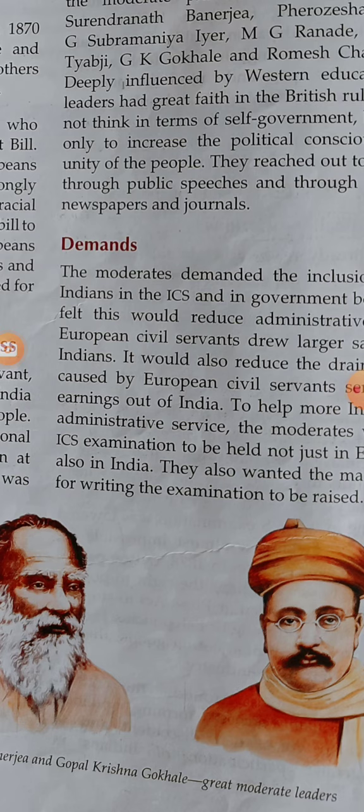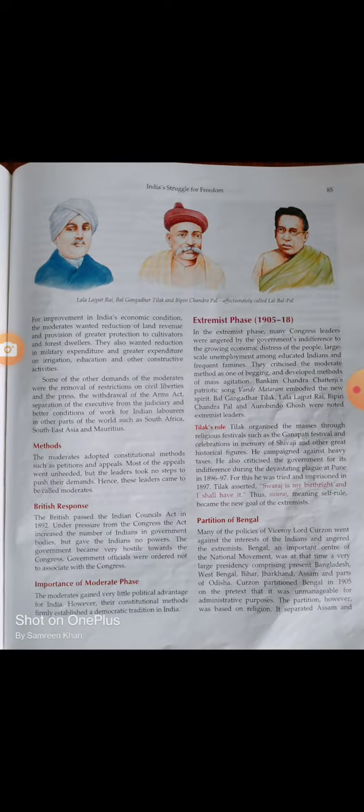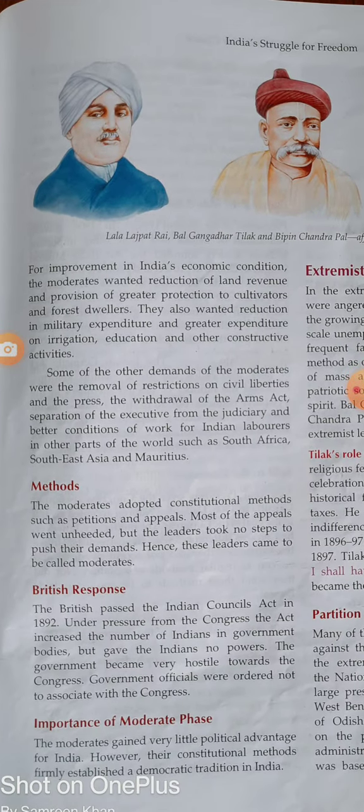They wanted people to be here in India so that they should not have to go to England to give that particular exam. Now come to the next page. For improvement in India's economic condition, the moderates wanted reduction of land revenue and greater protection of cultivators and forest dwellers.